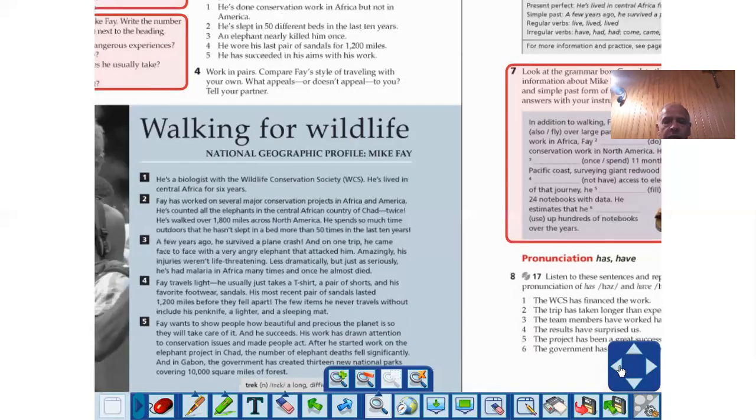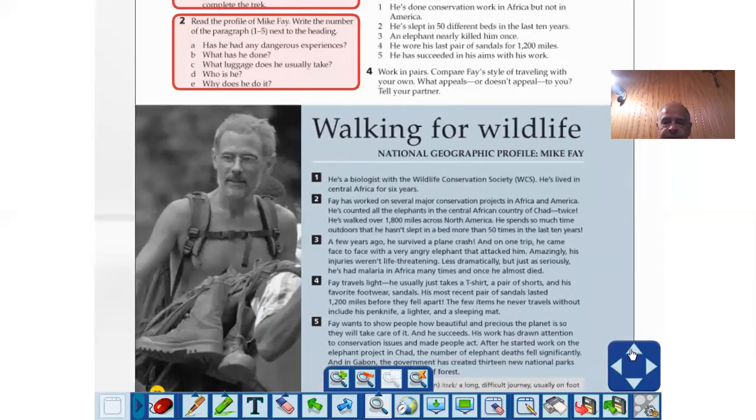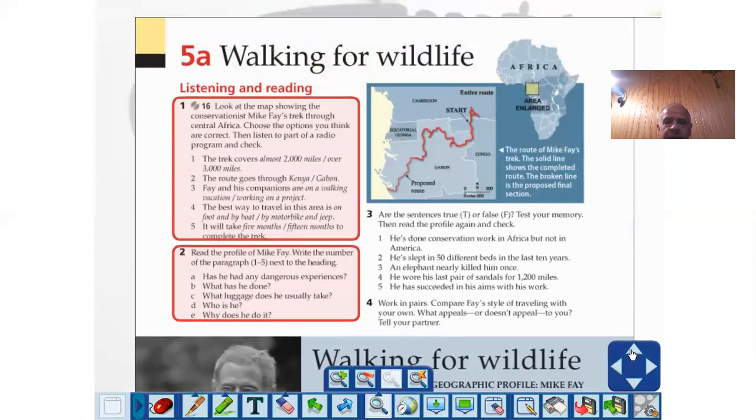Okay, so now we are going to go into the listening. It says here, look at the map showing the conservationist Mike Fay's trek through Central Africa. Choose the option you think is correct. Then listen to part of a radio program and check. You have here: the trek covers almost 2,000 miles, over 3,000 miles.